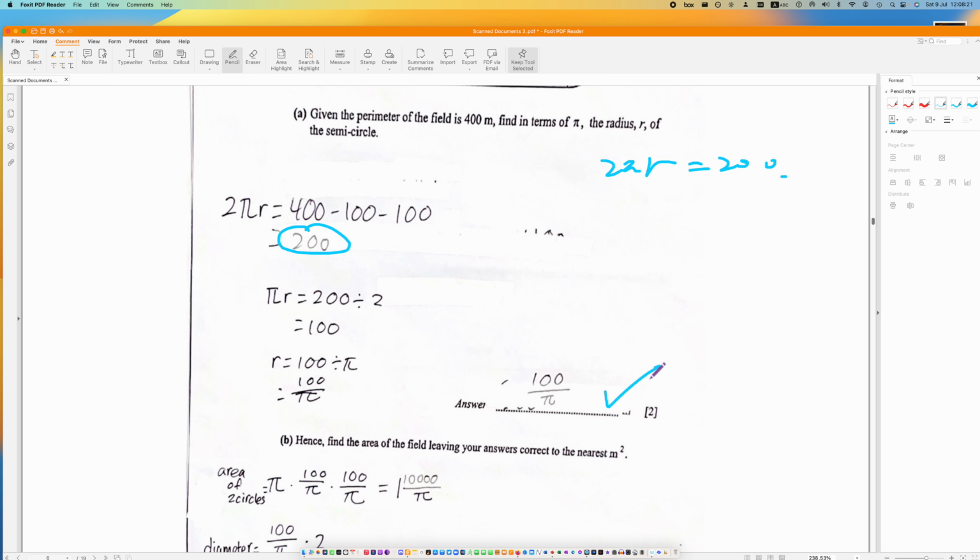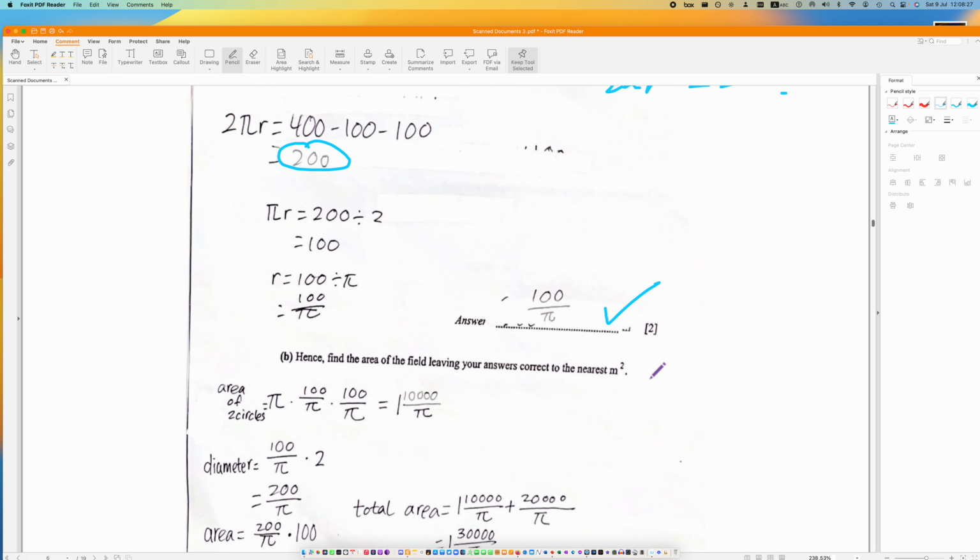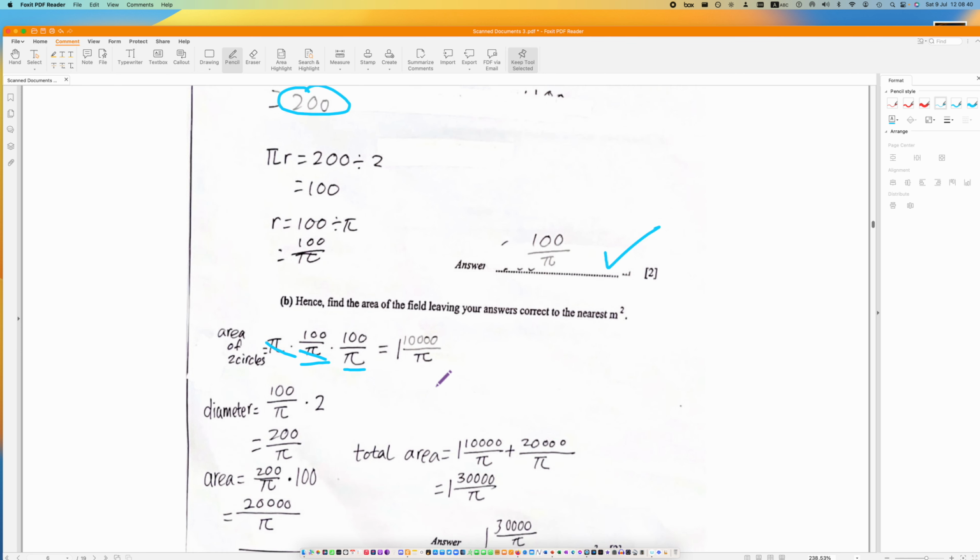Okay. Then hence find the area of the field. So it's pi r square, right? So r square means r times r. Then this one gone. In terms of r or what? You need to figure this out, because of what they want.